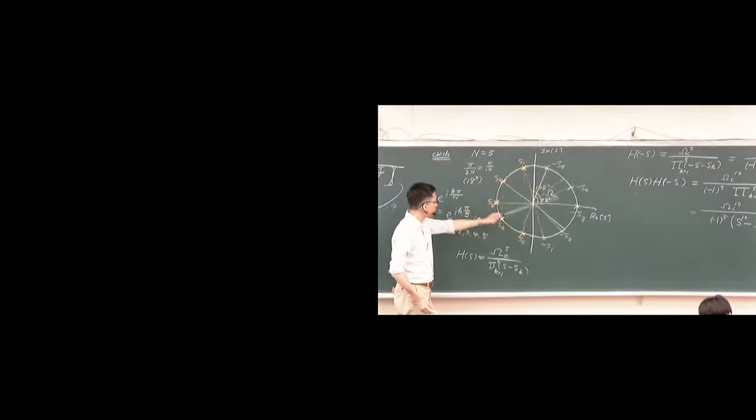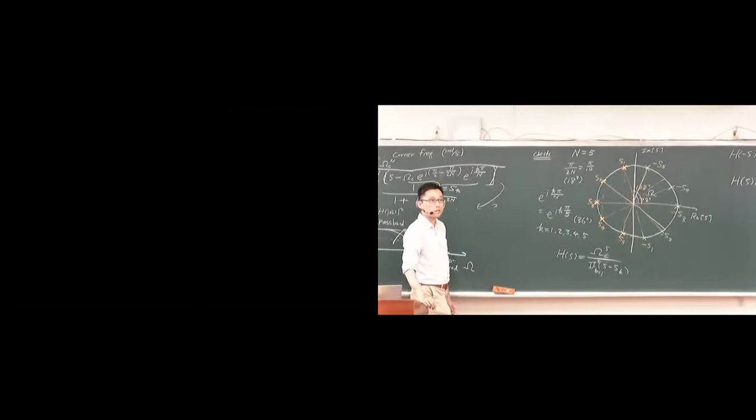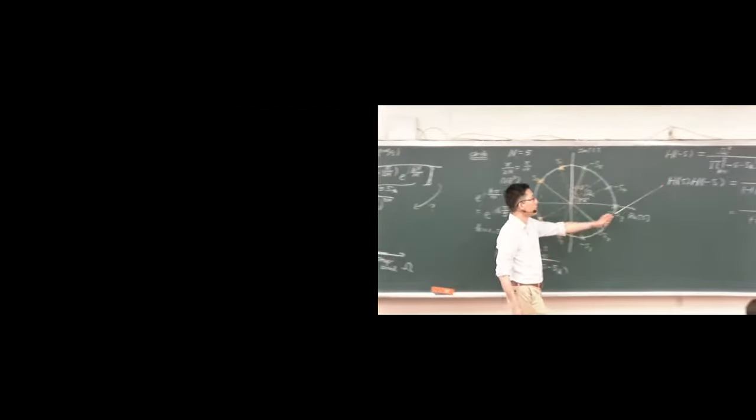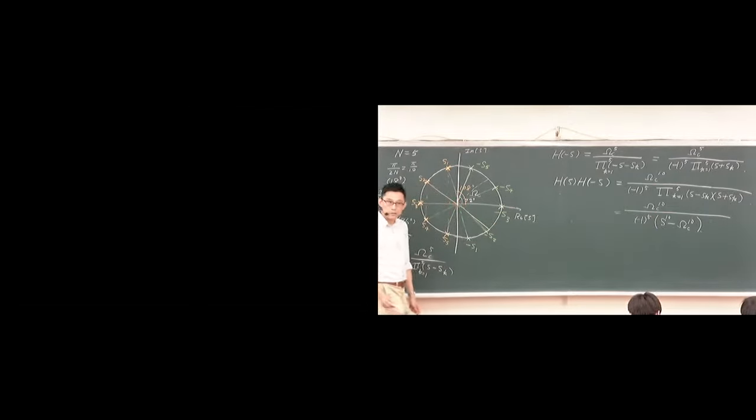That's a very simple expression. By adding all the 5 extra poles, we actually simplify the expression. So when we consider the product of H of s with H of minus s, the expression is actually simpler.